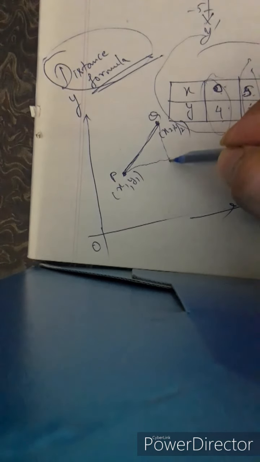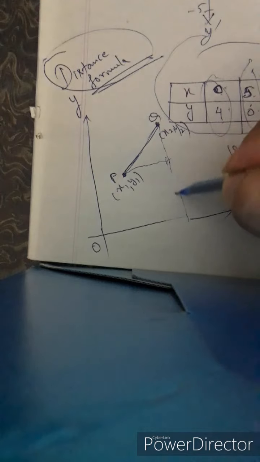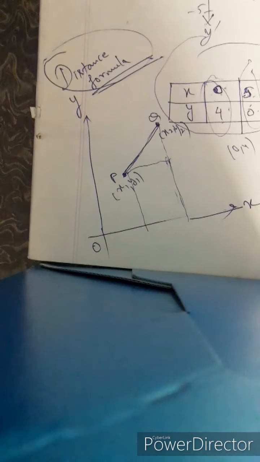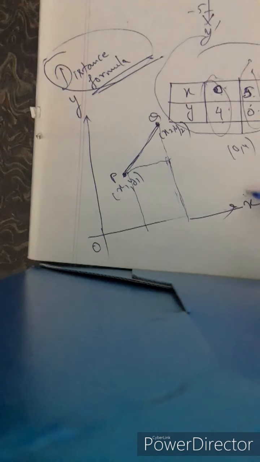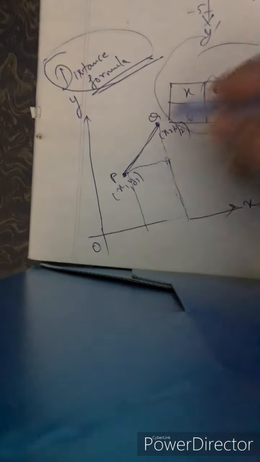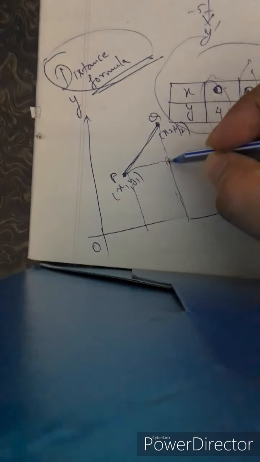Let us join these two points. This is the x-axis, this is the y-axis, with points (x1, y1), (x2, y2) and PQ. So what is this distance?